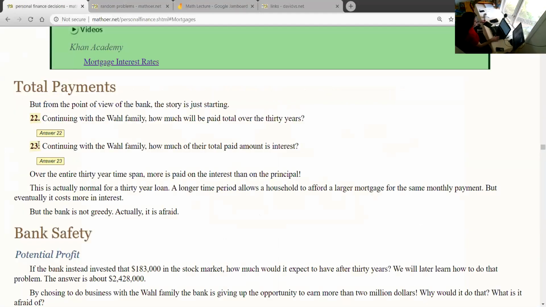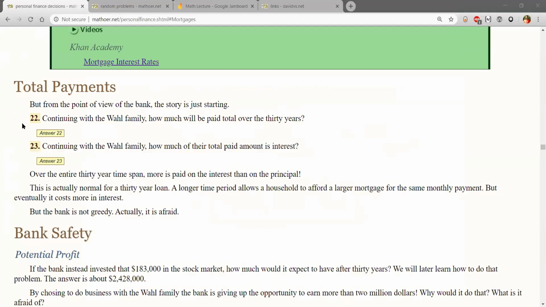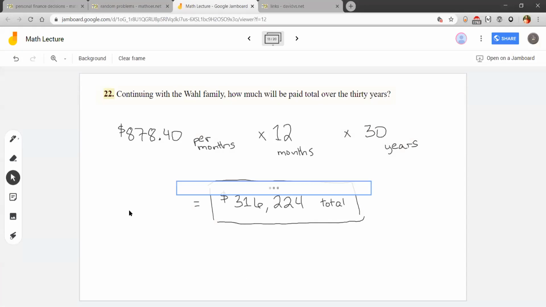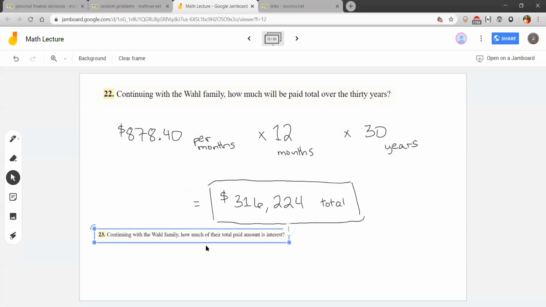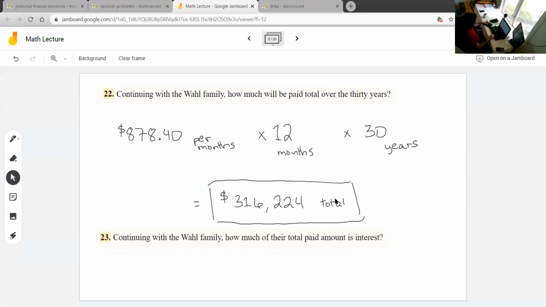How much of what they paid is interest? Well, everything they paid is either paying back the loan or it's interest.